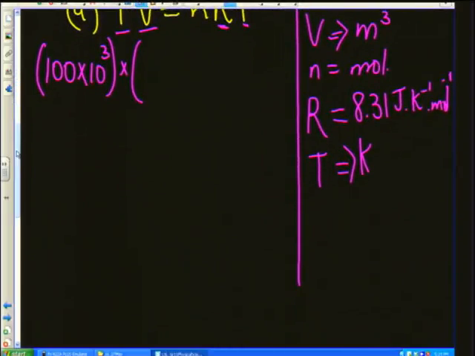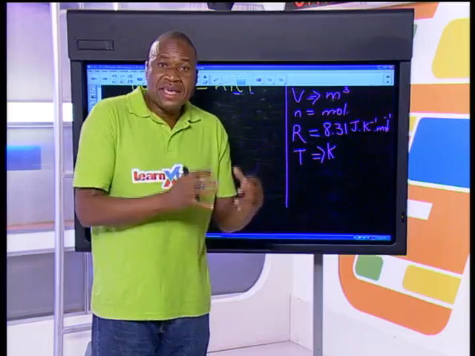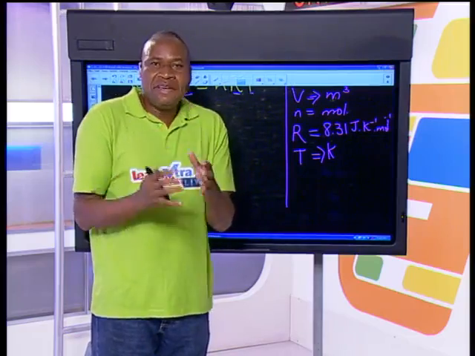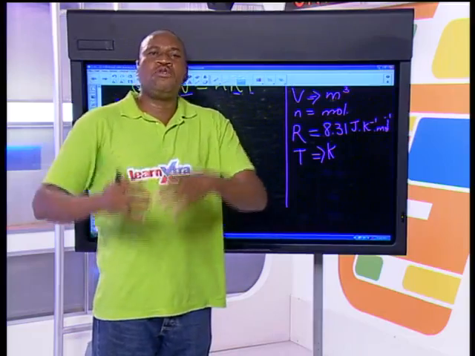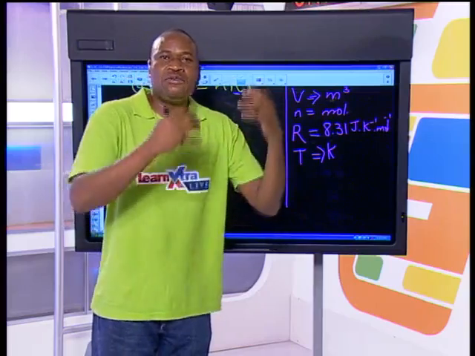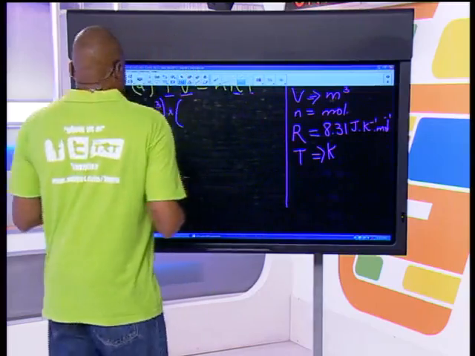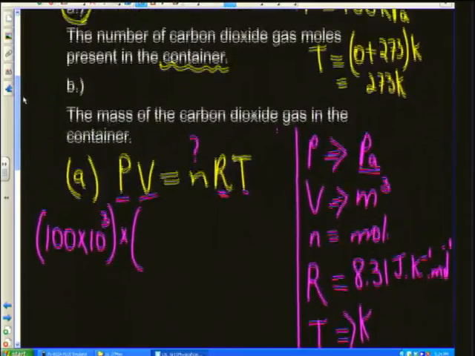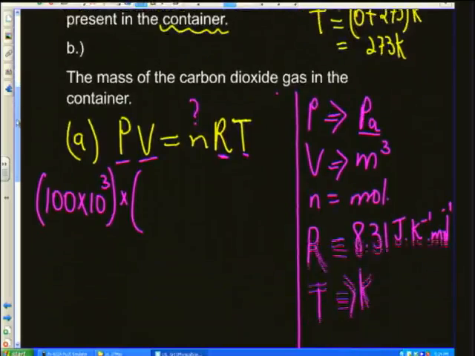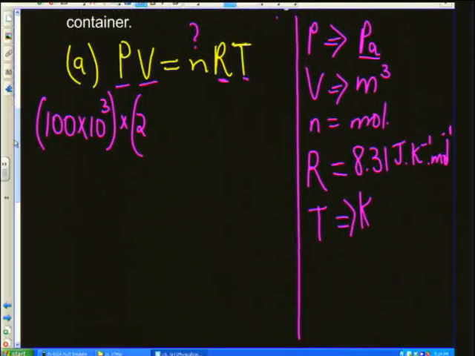If I move from cubic centimeters to cubic decimeters, I divide by 1,000. Therefore, moving from cubic centimeters to cubic meters, I divide by 1,000,000, that is 10 to the 6. So 200 cubic centimeters is 200 divided by 1,000,000, which is the same as multiplying by 10 to the power minus 6.